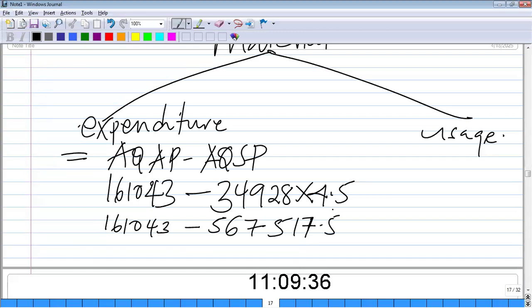If you calculate and put it in brackets, and you get 24,928, you get 3867. The answer. 3867. Okay. Firstly, you're saying 161,043 minus 567,513 is 3867.